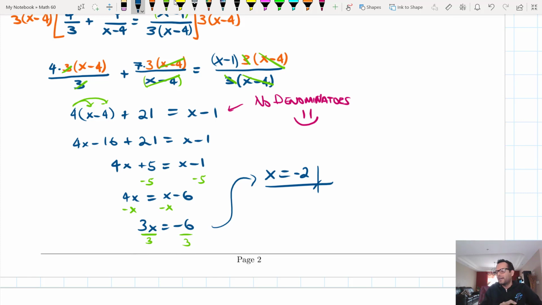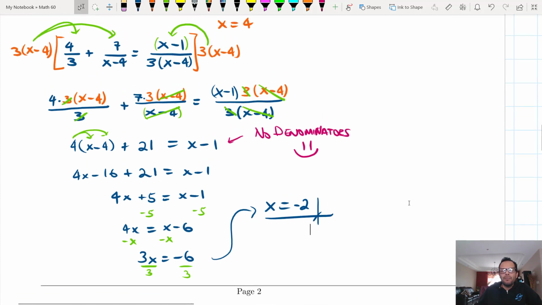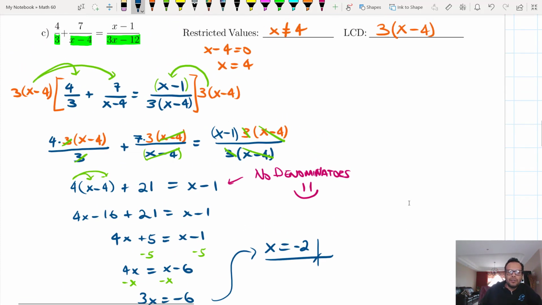Okay, now let's compare this x equals negative 2 with the restricted values, right? So the number negative 2, okay, let's highlight them. We highlight with blue, actually green, so there is a contrast. Okay, x equals negative 2, compare it with x equals negative 4.